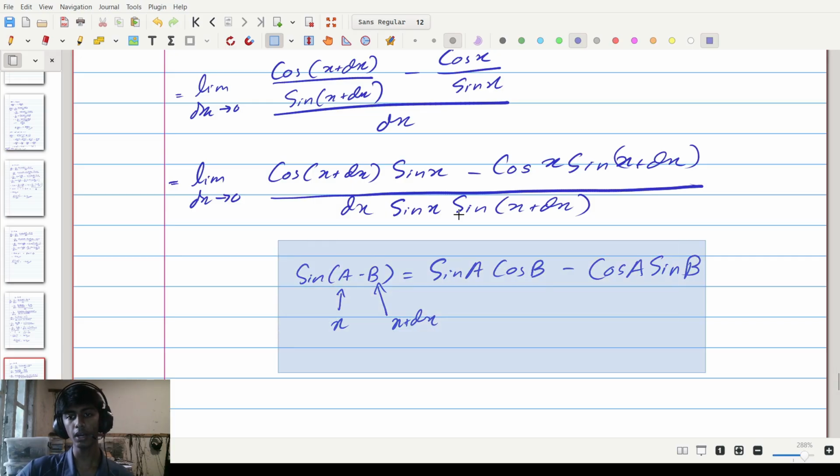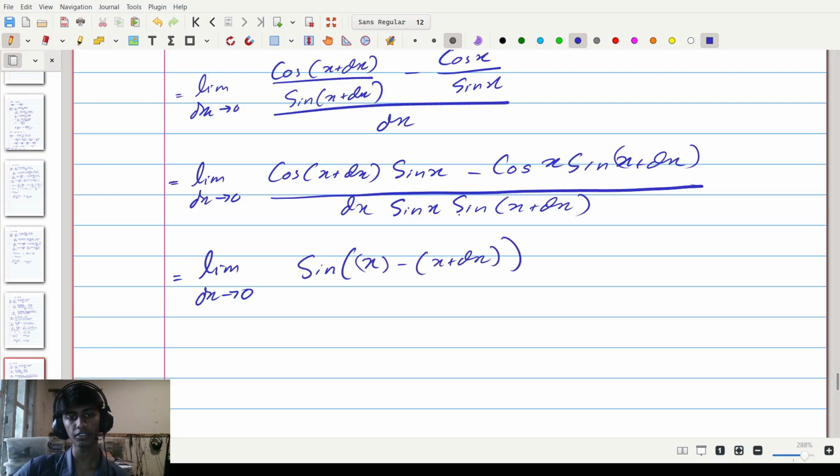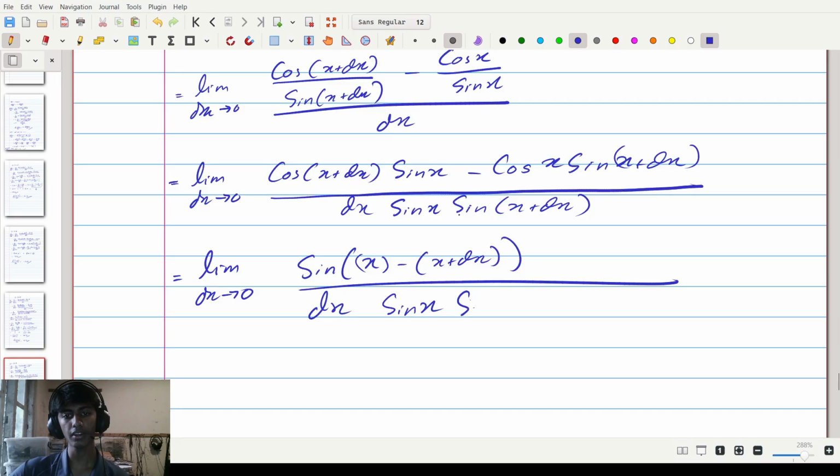If we write that down over here, we have the limit as dx approaches 0 of, on top, the sine of x minus x plus dx, divided by dx times the sine of x times the sine of x plus dx.